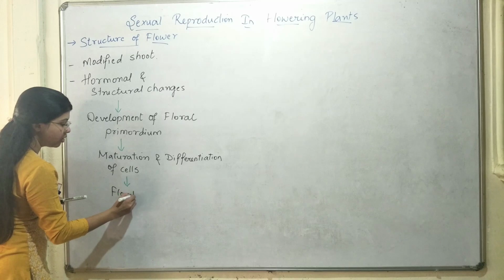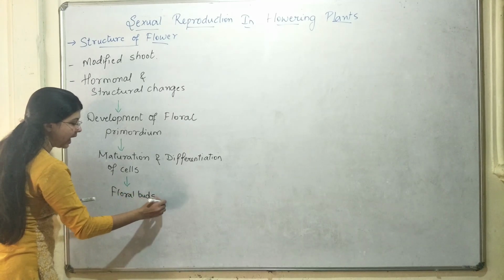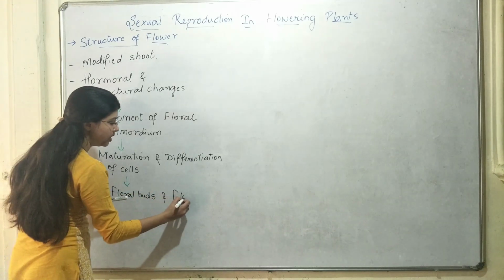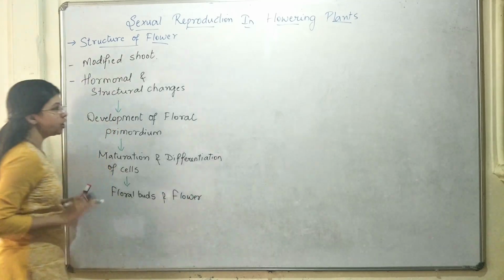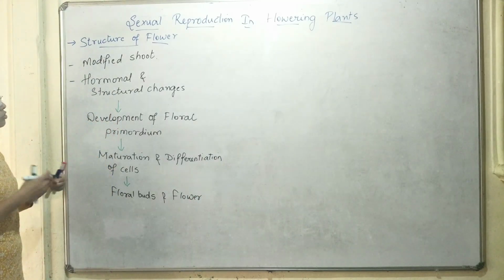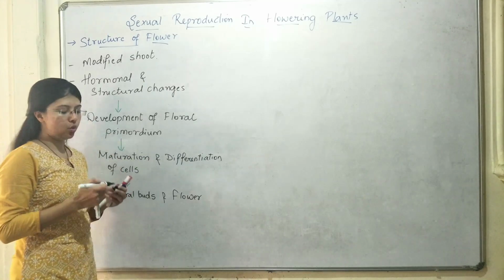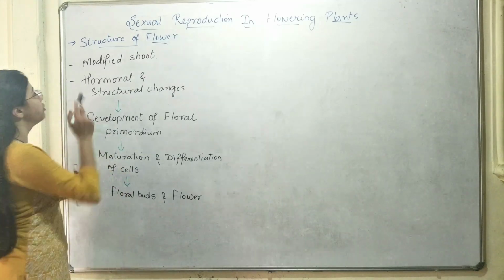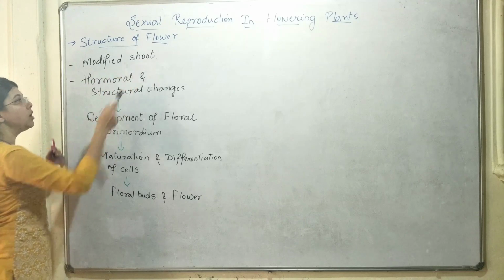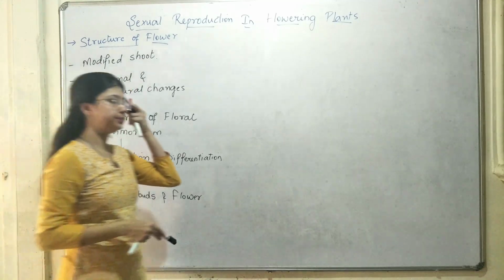First, the floral buds will develop, and ultimately these floral buds will develop into the flower. So these are certain changes which will take place on the shoot, and then the flower is going to develop on the shoot. Remember, flower is a modified form of the shoot.